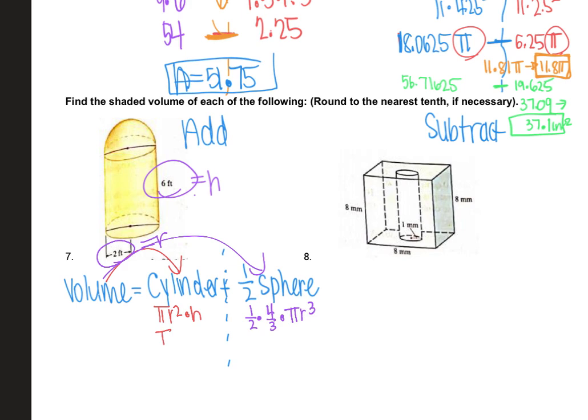So here I have pi times 2 squared times 6, which gives me pi times 4 times 6, which gets me 24 pi. And then over here, if I do these fractions, I get 4/6 times pi times 2 to the third, which can simplify to 2/3 times 8 times pi.